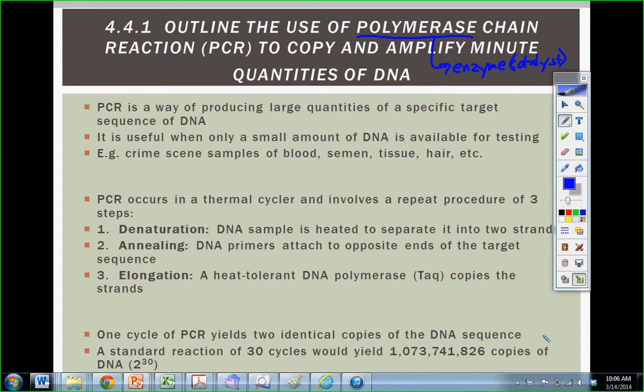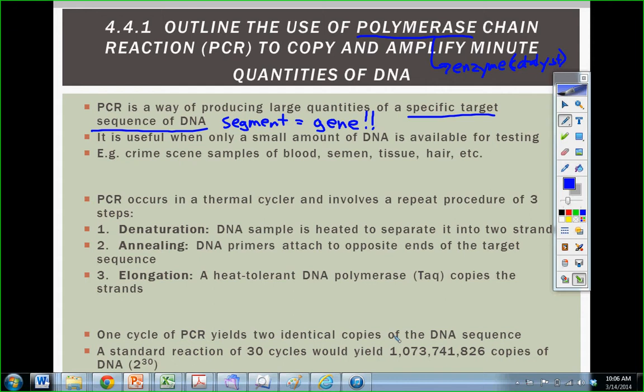So PCR, polymerase chain reaction, is a way of producing large quantities of a specific target sequence of DNA. What is it called when we just look at a certain segment of DNA? A segment of DNA equals a gene. So we're looking for a gene.